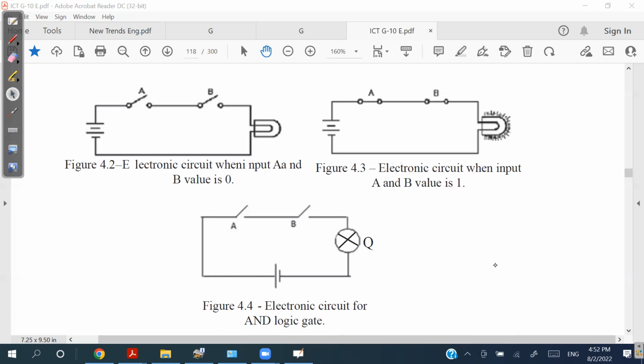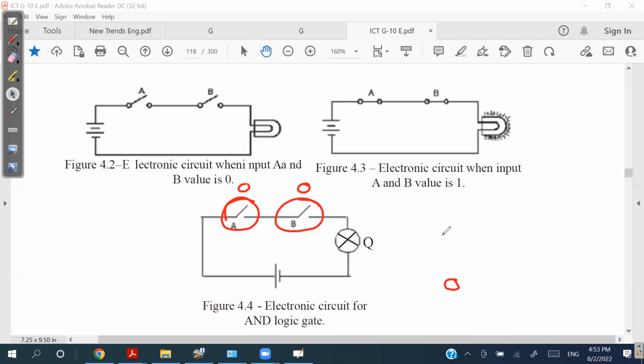Here the inputs are considered as coming from the switches A and B. What they are trying to implement is that the open state of a switch indicates 0. So with two zeros, the bulb is not lit.